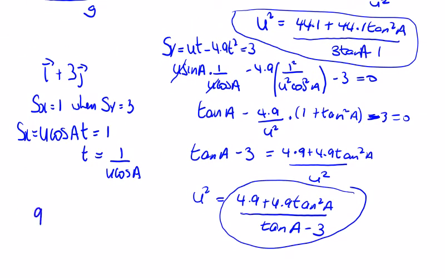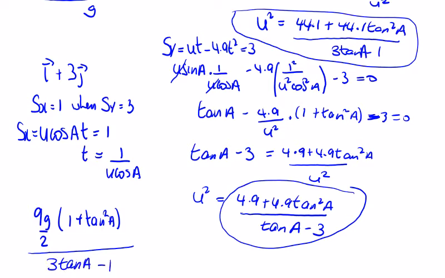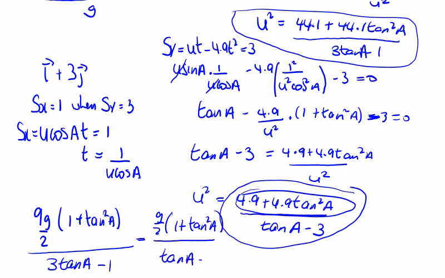So 9g over 2. And we could factor out the 1 plus tan squared a on top, and that's over 3 tan a minus 1. That's equal to this guy here, which is g over 2, not 4.9, g over 2 by 1 plus tan squared a on top, and tan a minus 3 on the bottom.